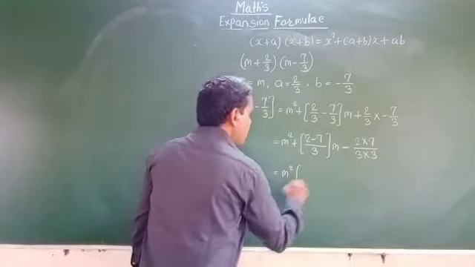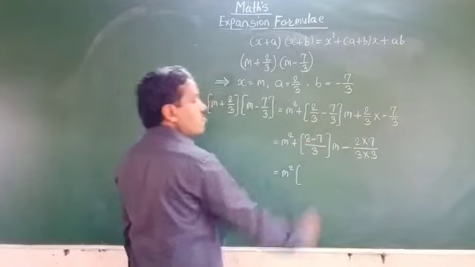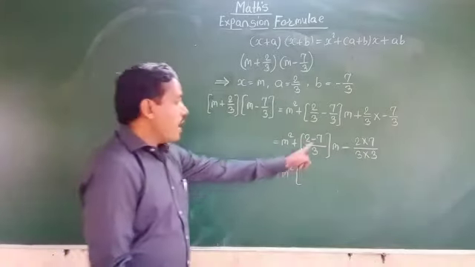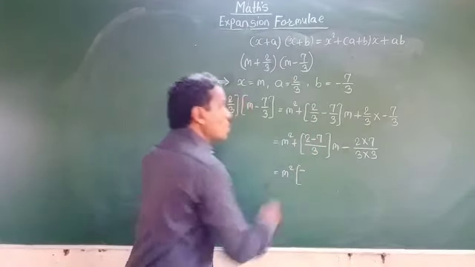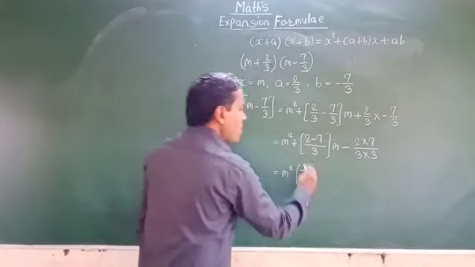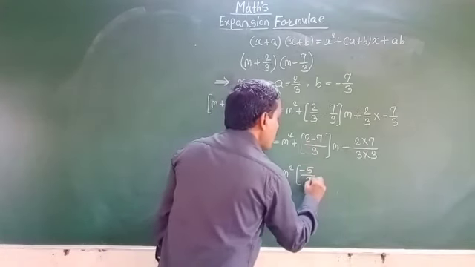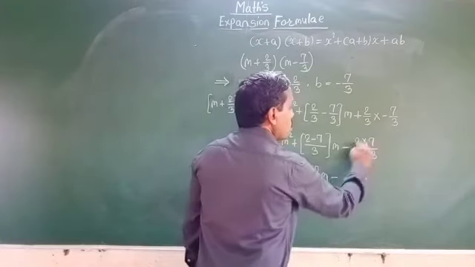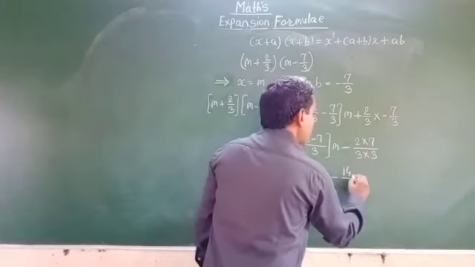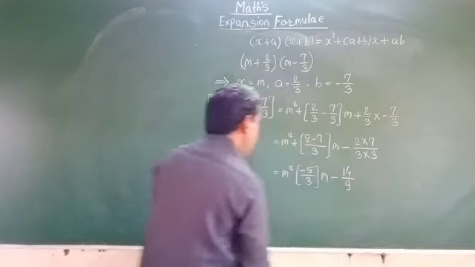m square, then (2 minus 7). The 7 is greater and has the negative sign, so the answer will also have the negative sign: 7 minus 2 is 5, minus 5/3 m. Minus, 7 twos are 14, 3 threes are 9.